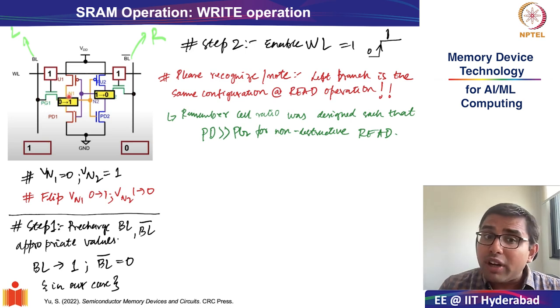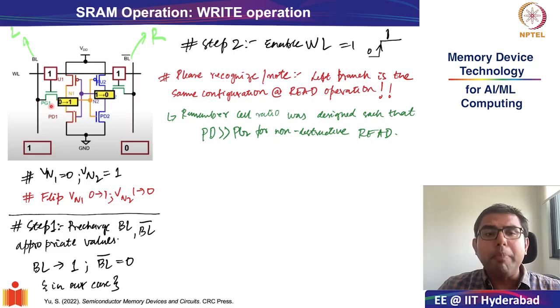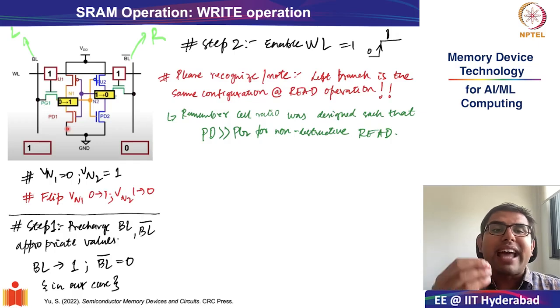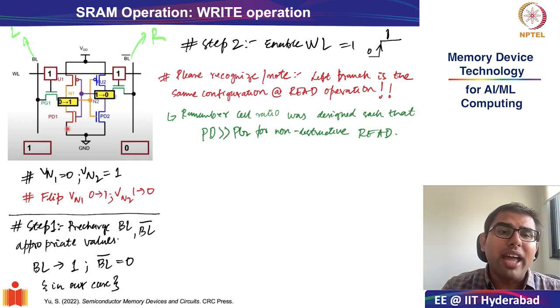Remember, we have selected the values of PG1 and PD1 such that the cell ratio is maintained, and under these conditions there will only be a small read current flowing from the bit line through PG1 and PD1. So the only thing that can happen under these conditions is a non-destructive read. Okay, so only a non-destructive read is possible from the left hand side of the branch.